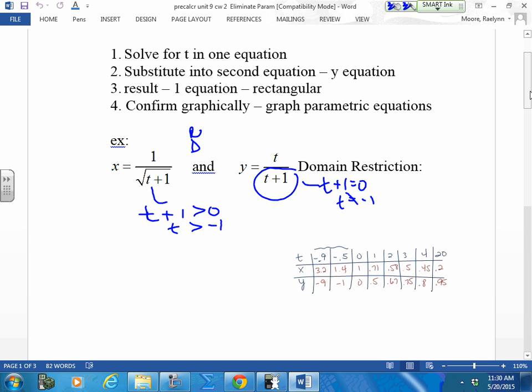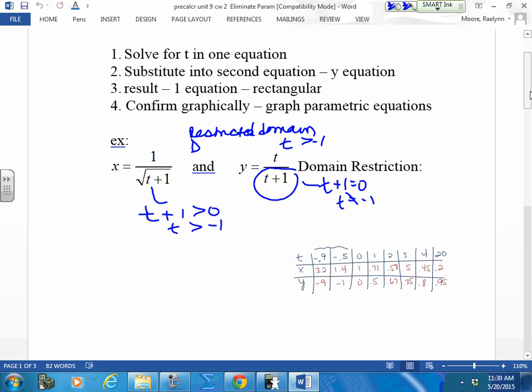So our restricted domain says t is greater than -1. Now, I'm not sure how much of that you have on yours. I put part of it on there. You can kind of see by your table that it started right after the -1.